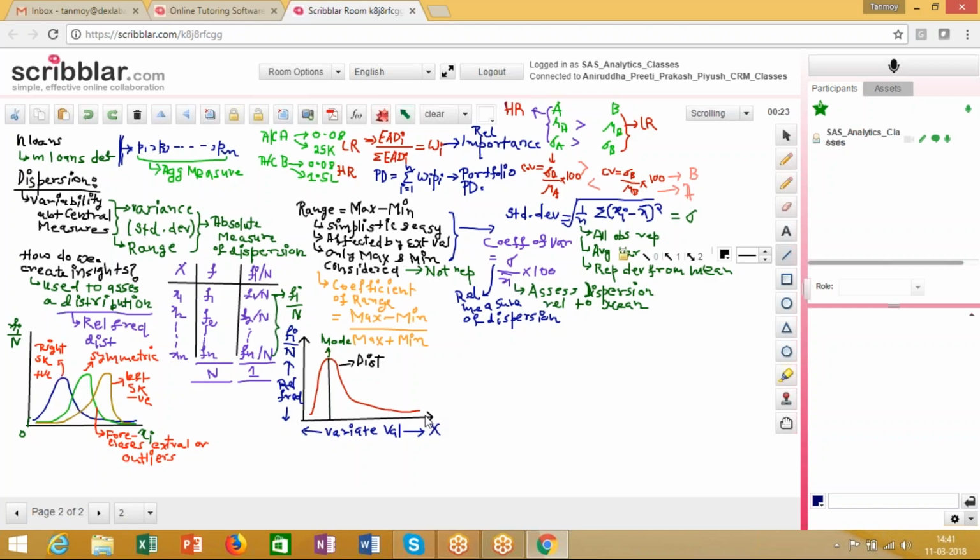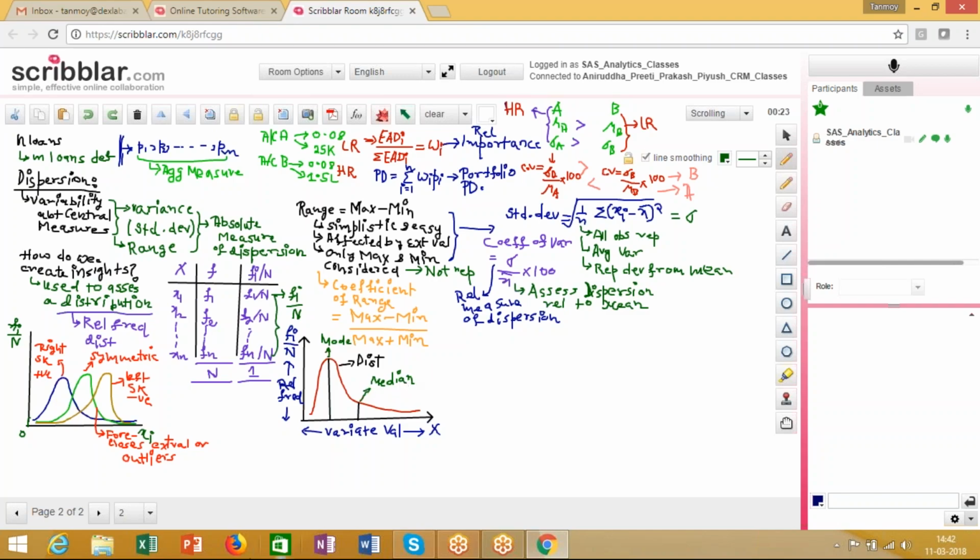So obviously the median will be that value which divides this entire line segment into two equal parts. It is this line which divides the distribution into two equal halves. So this is the median of the distribution.